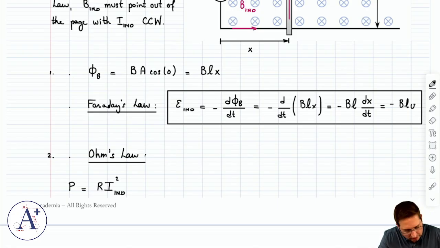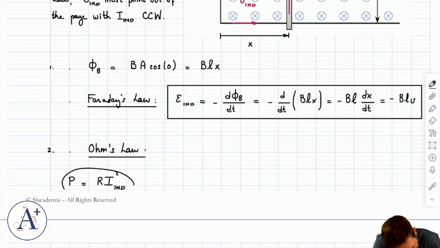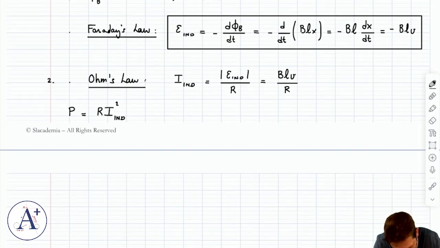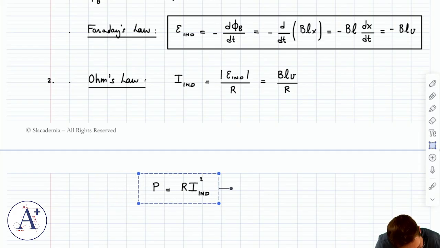You can always write Ohm's law after this if you want and then find P later, but just to do things in order, let me find I induced. It's going to be the absolute value of epsilon induced divided by R, and that's going to be BLv divided by R.